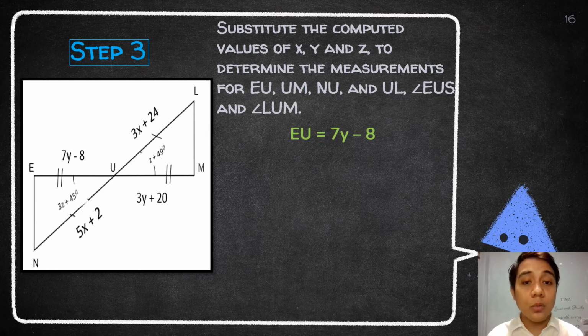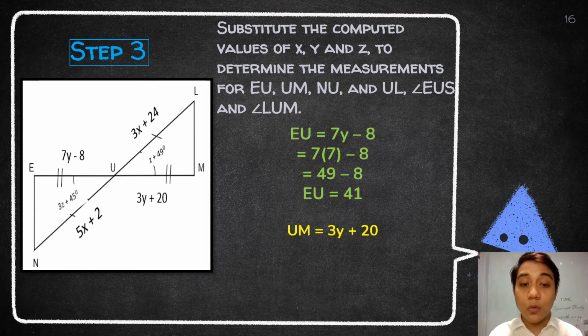EU is equal to 7y minus 8 based on the figure, and the computed value for y is 7. Substituting the value of y in 7y minus 8, we will have 7 times 7 minus 8, then 7 times 7 is 49, minus 8, and simplifying that, we have the value for EU, which is equal to 41.